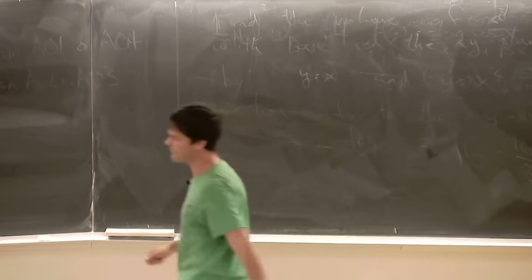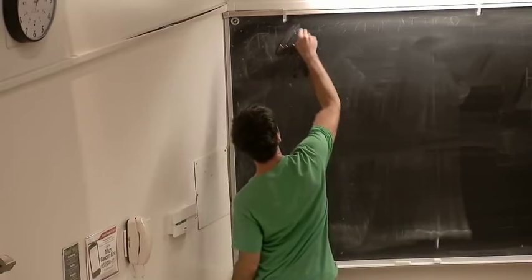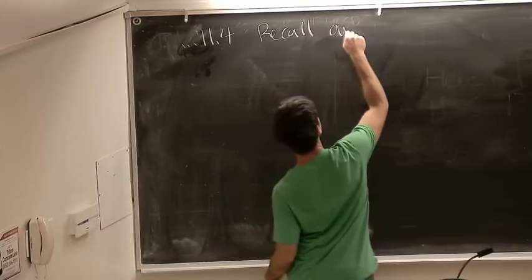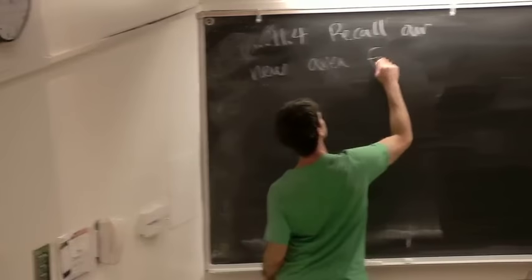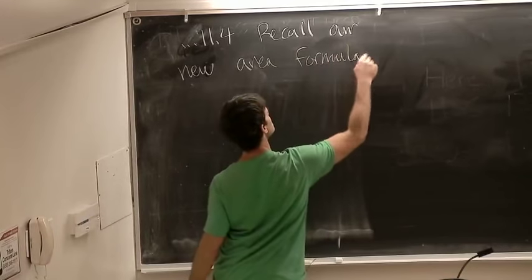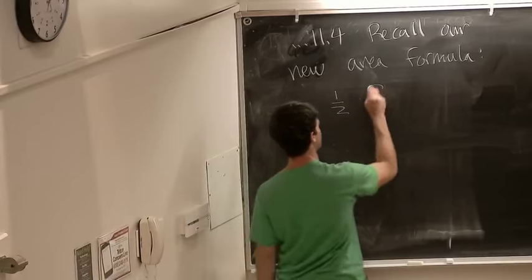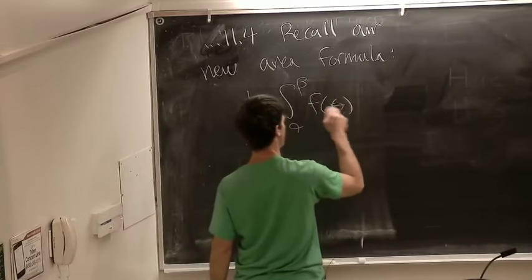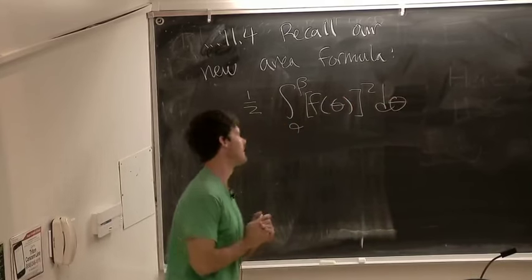So now here's a new area formula for polar coordinates. The formula was 1/2 the integral from alpha to beta of f of theta squared d theta.